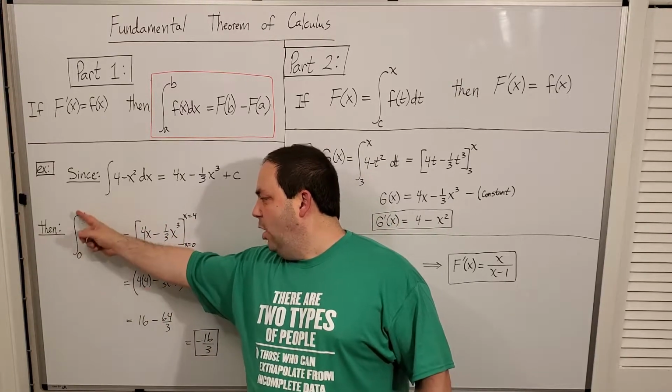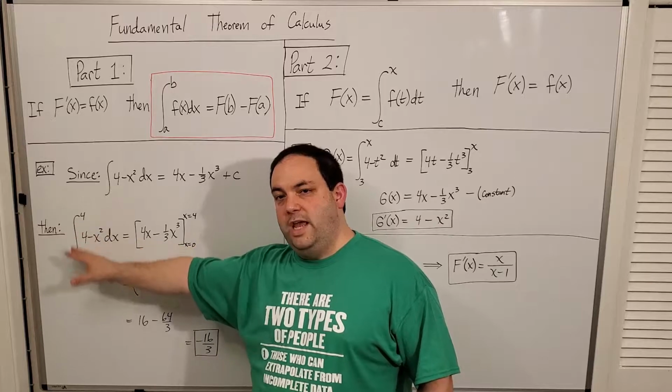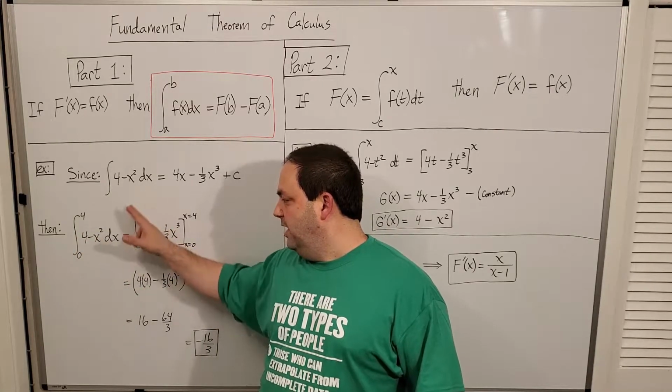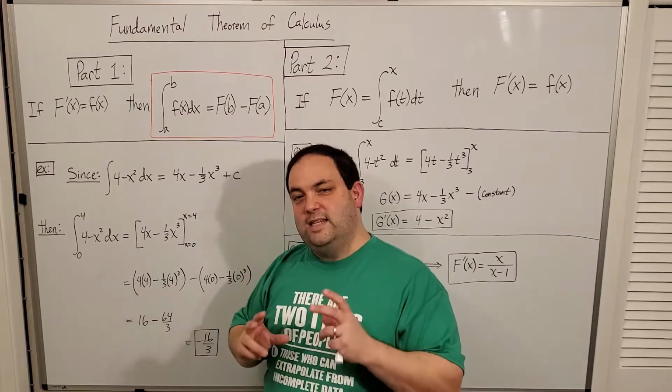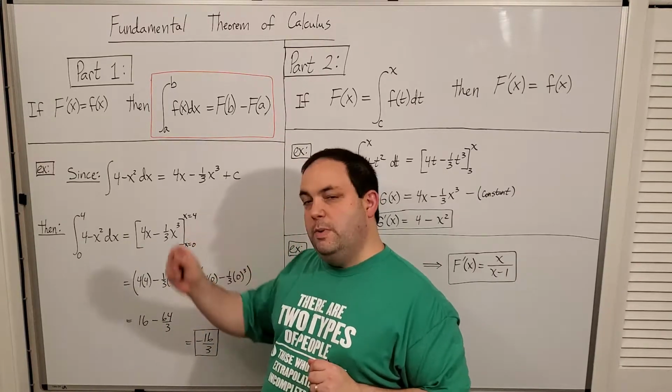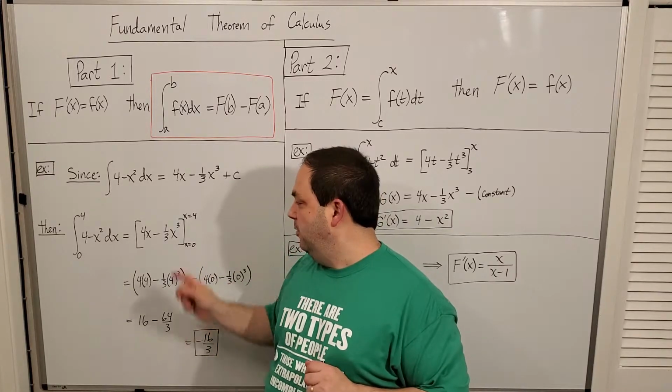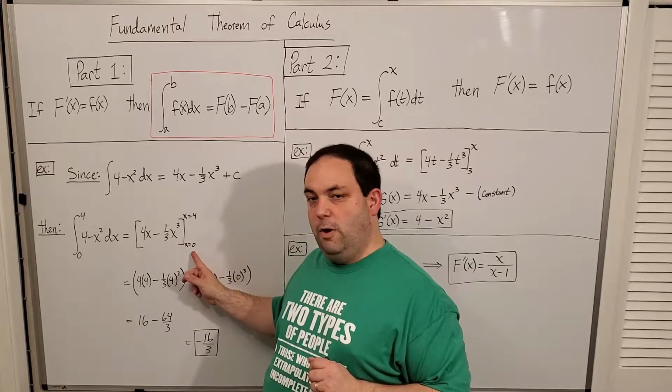I've already performed the integral, the antiderivative, so notice there is no integral symbol here. I put the square brackets around it to designate that I'm going to be plugging in some values now. That would be the 4 and the 0.